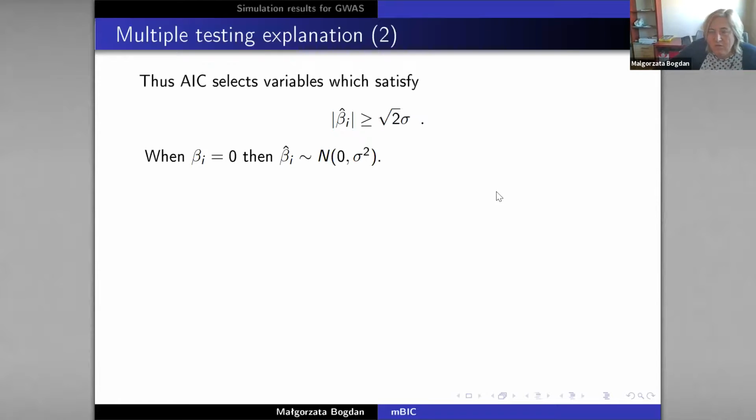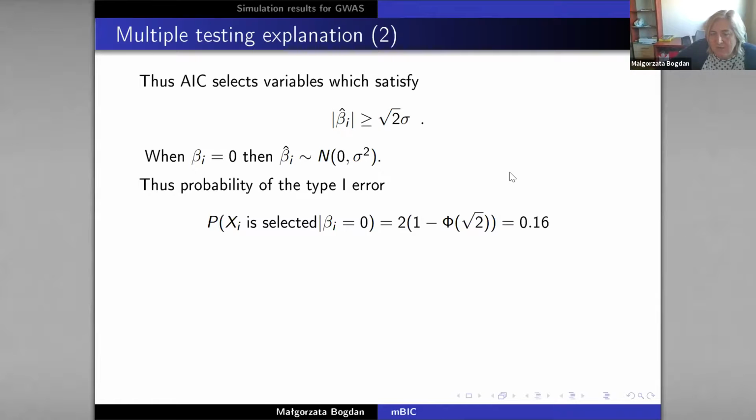What else do we know? We know that when X prime X is identity and your beta i is 0, then your estimator has a normal distribution with mean 0 and variance sigma square. So you can actually calculate this probability exactly, and this probability is 0.16.